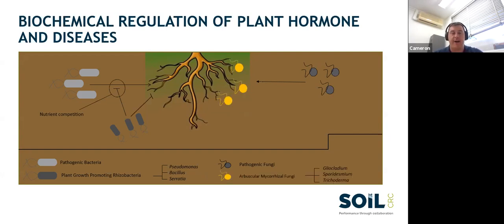Then you've got your AMF. Now they tend to attach themselves to roots, and they stimulate a phytohormone response in the soils. Now these phytohormones then develop what's called systemic resistance, and the bacteria and the fungi can no longer take in those nutrients, because the plant, again, the mechanism is still a bit understudied here, but the plant can recognize that these are bad bacteria, bad fungi, and I'm not going to feed those.